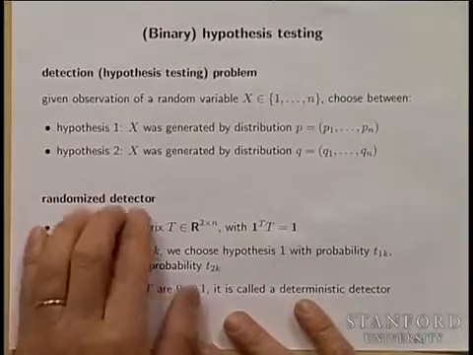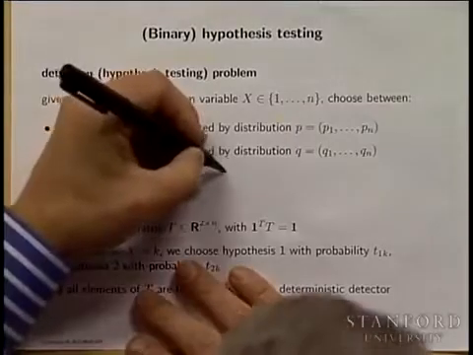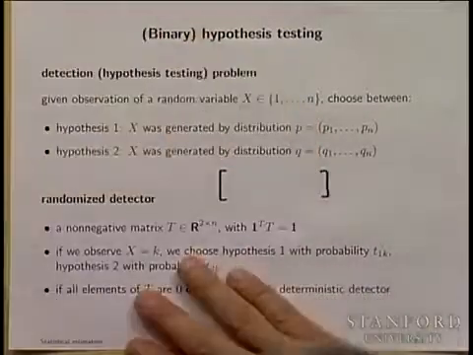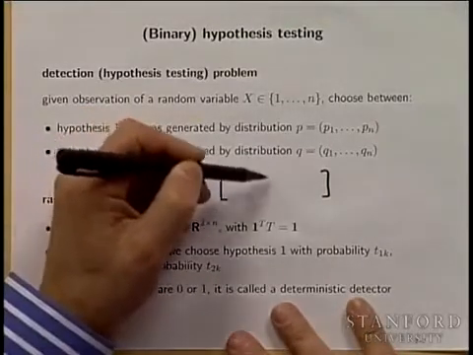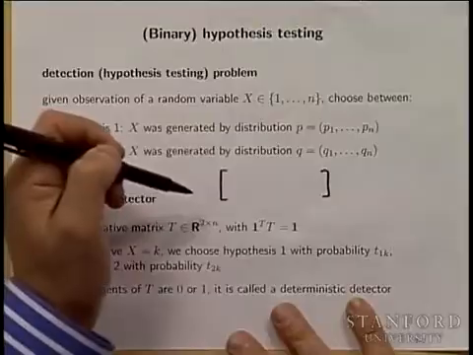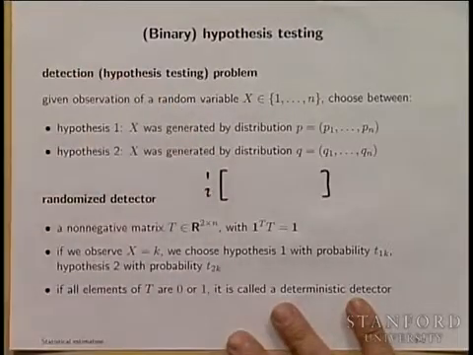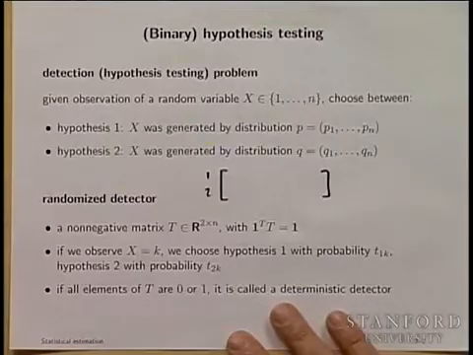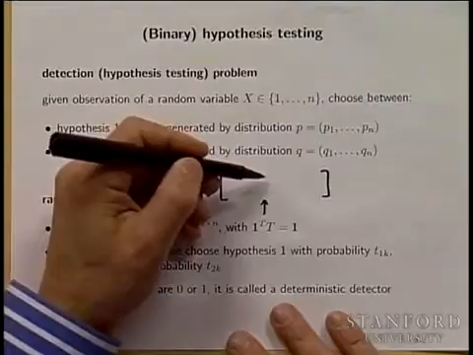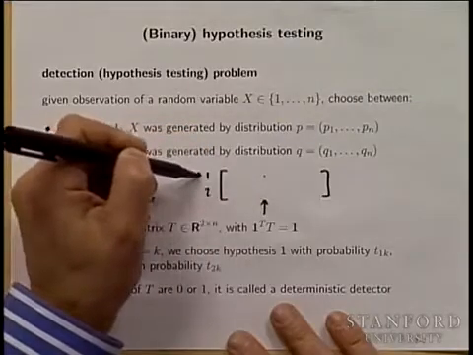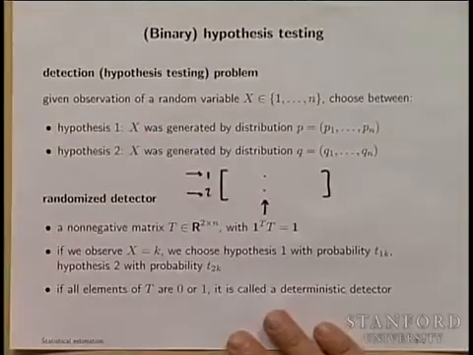So we'll look at the idea of a randomized detector. A randomized detector looks like this. It's a 2 by n matrix. And what it means is this: each column is actually a probability distribution on the 2 outcomes, hypothesis 1 and hypothesis 2. It says that if this is the outcome that occurs, you should guess 1 with this probability, or guess 2 with this probability.